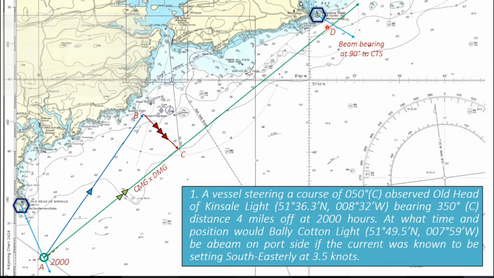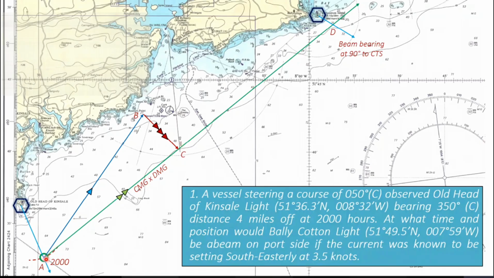So you can read off this position, latitude and longitude, from the chart. Now to calculate the ETA, we have already found out our speed made good from this 1 hour vector triangle.